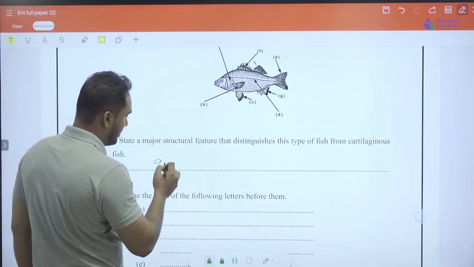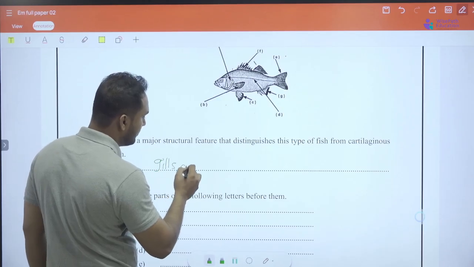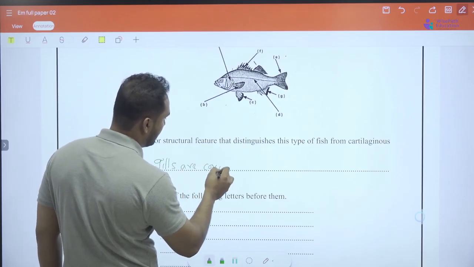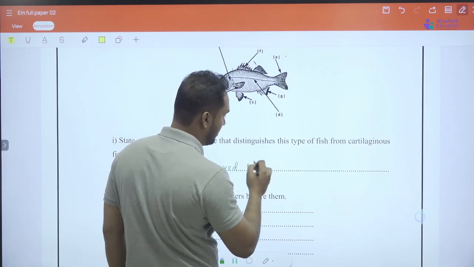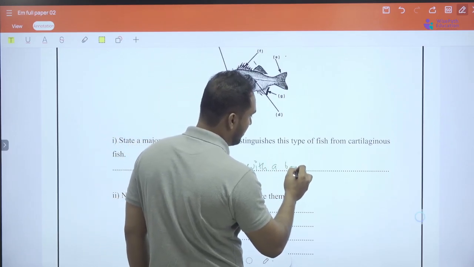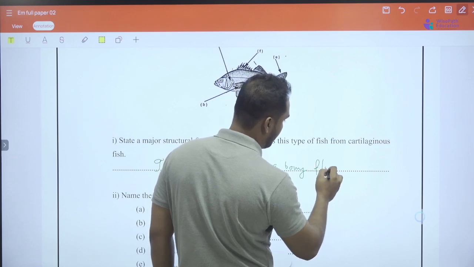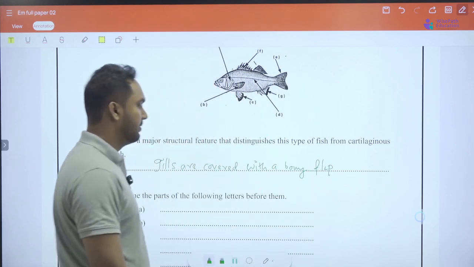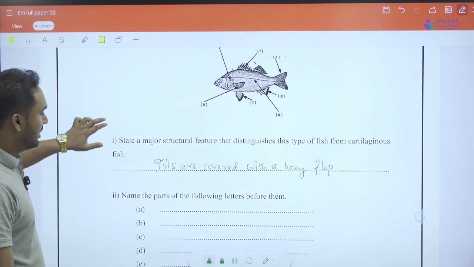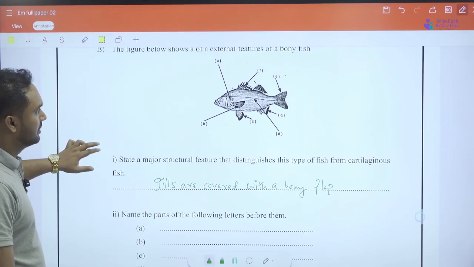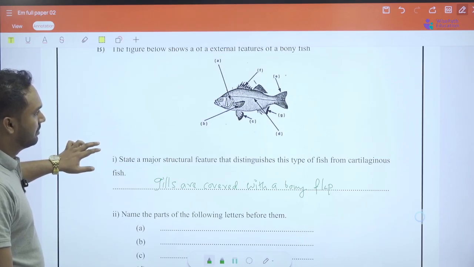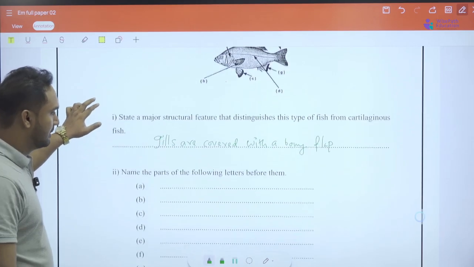Right. So you can write one of those. Gills are covered with a bony flap. Name the parts of the following letters. Starting from A, there is the gills, or the bony flap covering the gills.